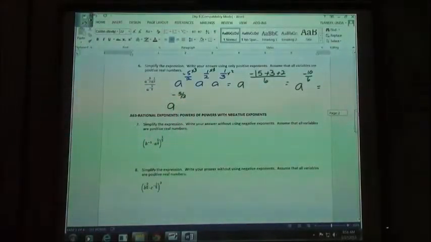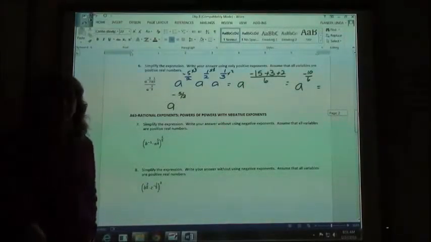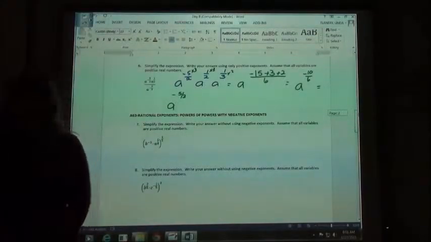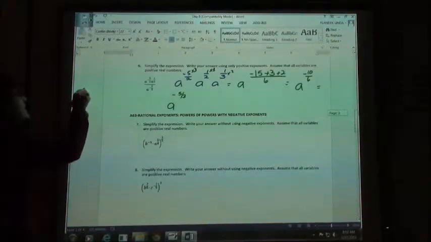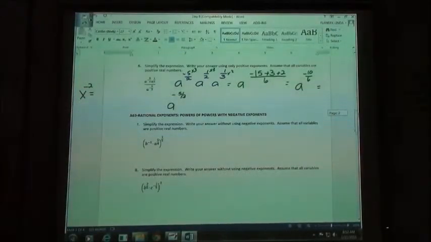My other thing is, I only want positive exponents and not negative exponents. How do I rewrite that so I have a positive exponent? Think about when I had just an x to the negative 2. What did I do with x to the negative 2?